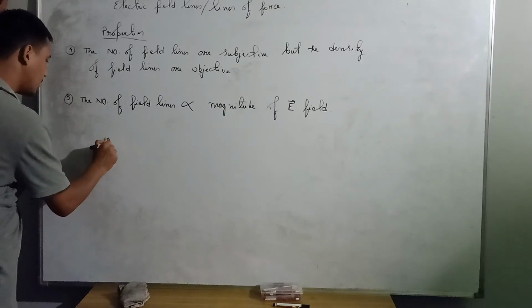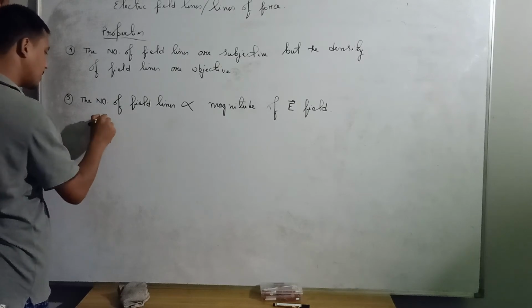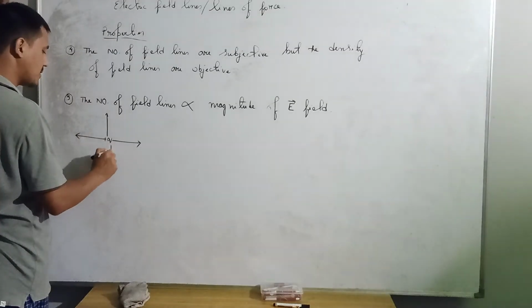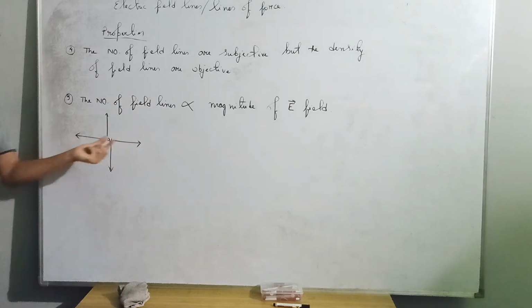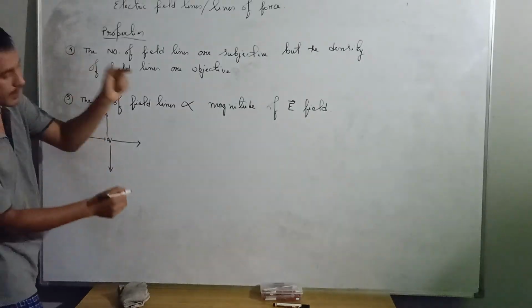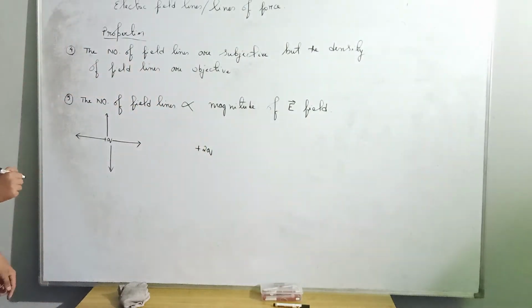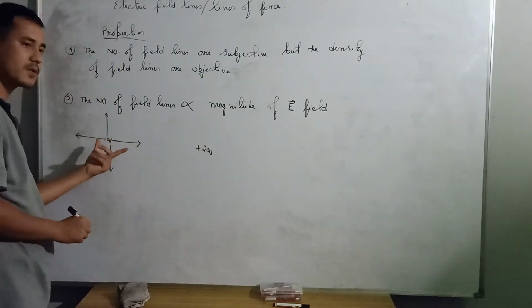Suppose you have a charge plus Q, and this plus Q generates 4 electric field lines. Okay? You double the magnitude. Plus 2Q. Now it will generate how many field lines? Here it was 4.